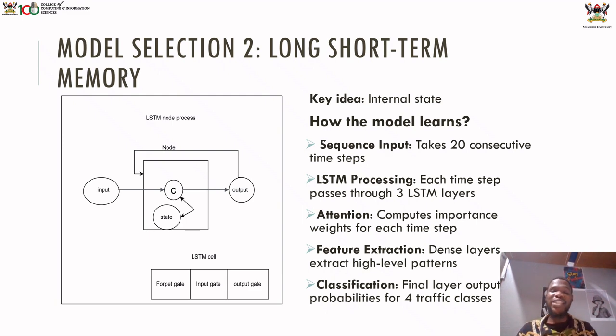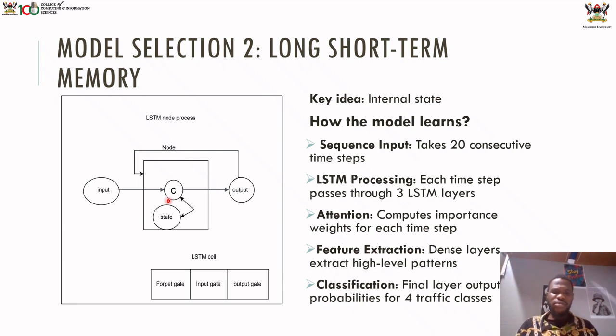So the long short-term memory algorithm comes in to solve this. It introduces what we call the state. If you look closely at that diagram, you can see the state at this point. This is called the state. So the input comes in, but it stores the state of the previous node.